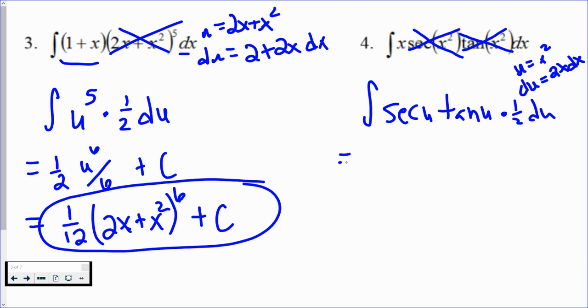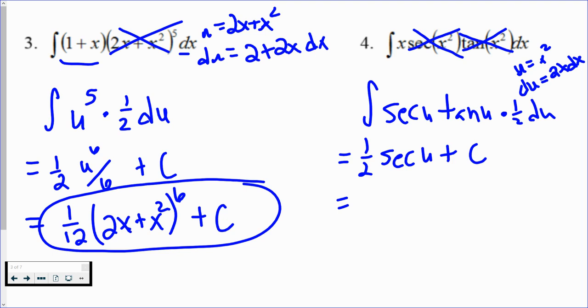1/2 is just a constant, so we're going to take that out front. Now, we know that the integral of secant times tangent is secant. So we get 1/2 secant of u plus c.